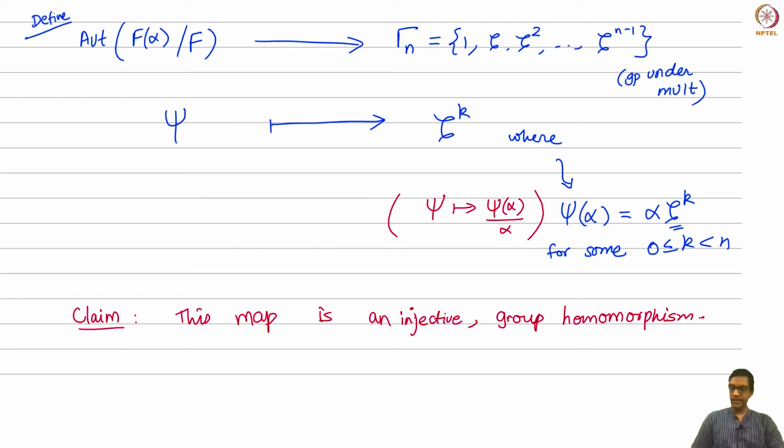So let's check the injectivity first. If something maps to the identity, so first I will check injectivity. If psi maps to the identity of the group Gamma_n, what does that mean? It means that psi(alpha) is alpha, right?